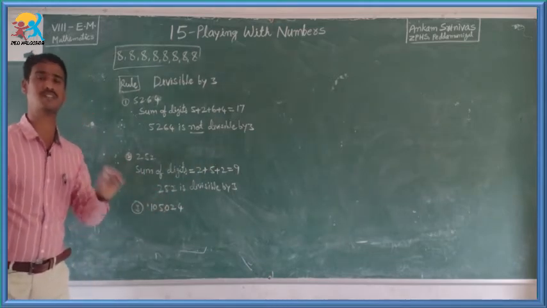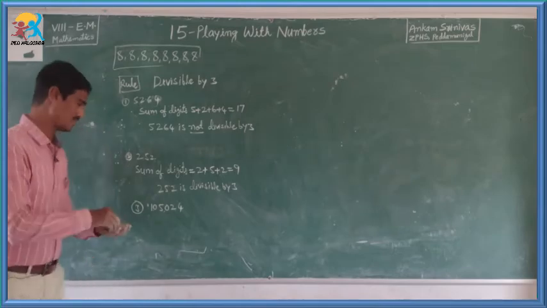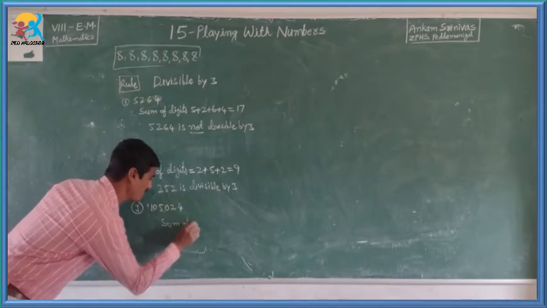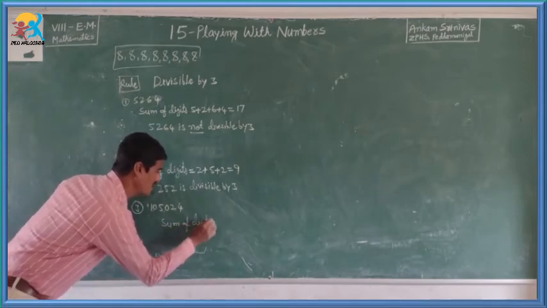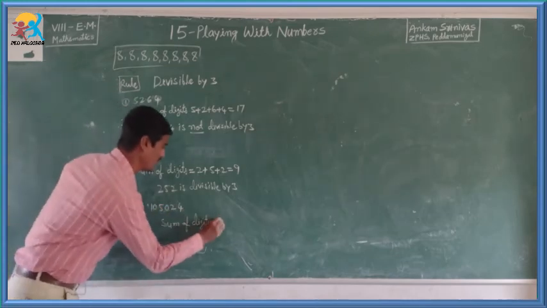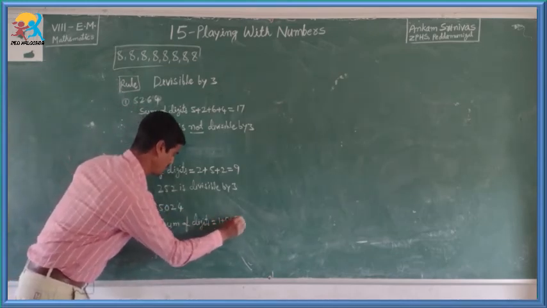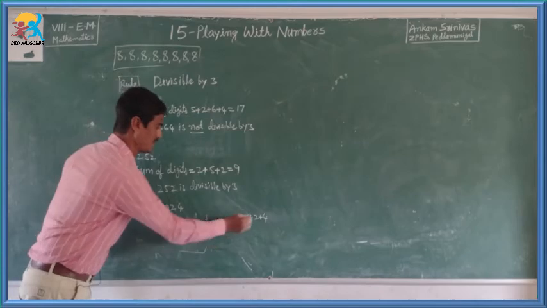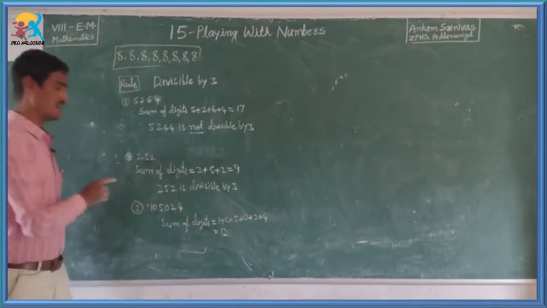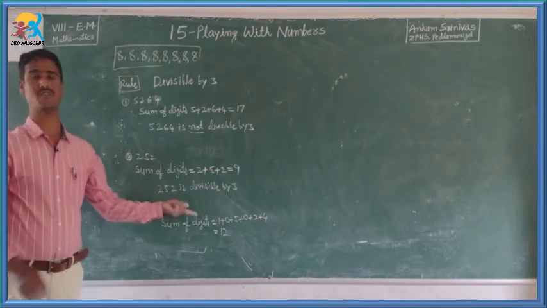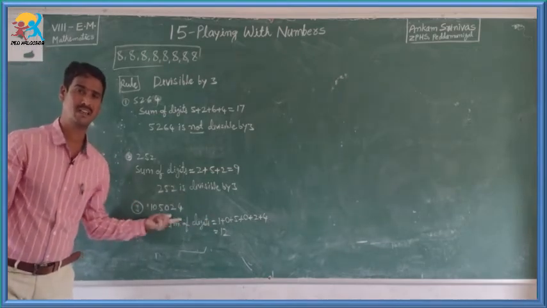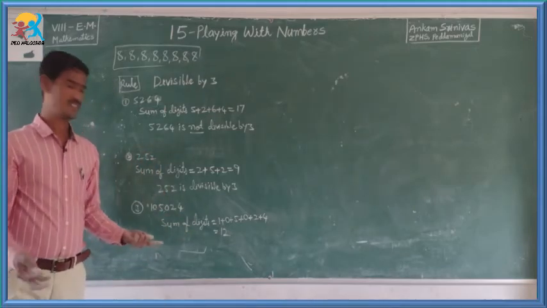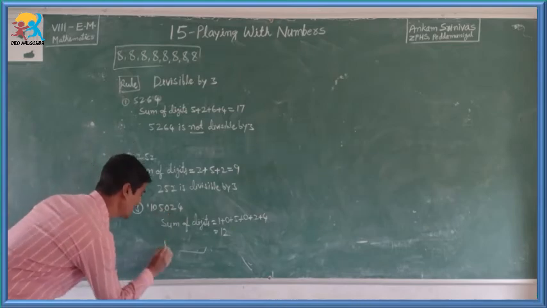So the given number is also divisible by 3. Very easy, no? If you follow the process, do the sum of digits: 1 plus 0 plus 5 plus 0 plus 2 plus 4 gives 12. 12 is divisible by 3, or 12 comes in the 3 table. So the given number is also divisible by 3.